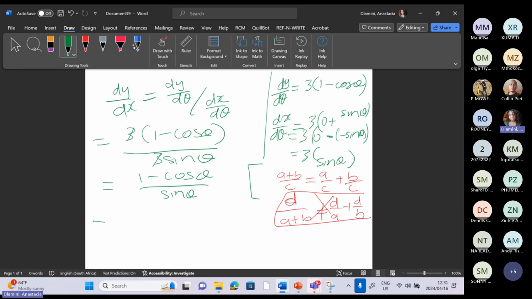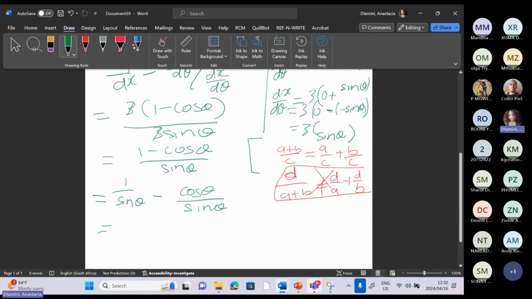Thank you. So now we can write 1 over sine of theta minus cos theta over sine theta. And what we have learned is that 1 over sine theta is a reciprocal. The reciprocal of sine theta is actually what? Can someone remind me? Cosec of theta, thank you.